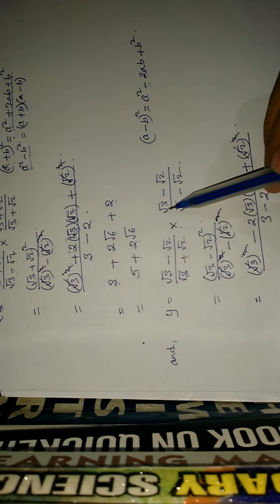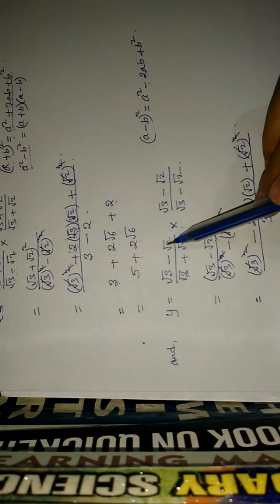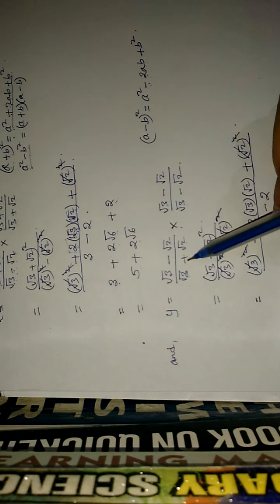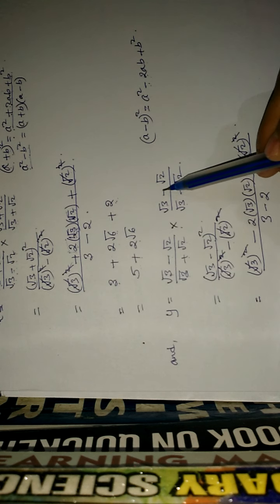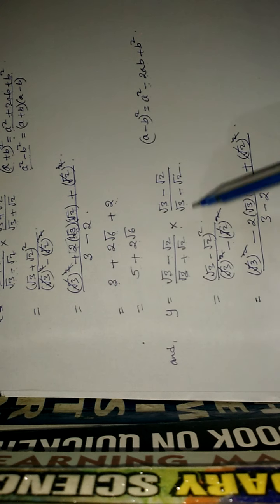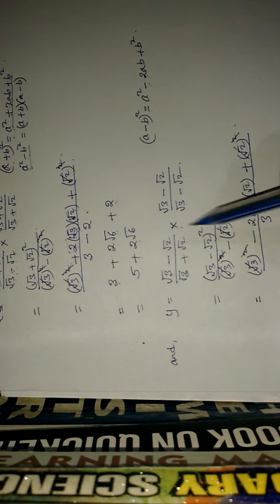So we multiply here. Since it is exactly similar in the numerator, we just make a square here. Then the denominator is a plus b, a minus b form, then a square minus b square. We just follow the same process as we found the x value. But in this case, see here, root 3 minus root 2 square.